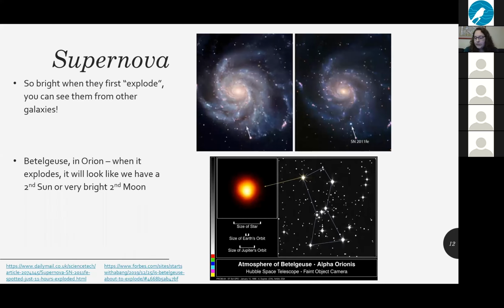So we wouldn't be able to see that. And like I said, it wouldn't help plants grow any better. You wouldn't have to worry about putting on extra sunscreen. It would just appear that we have another very, very bright object in the sky.